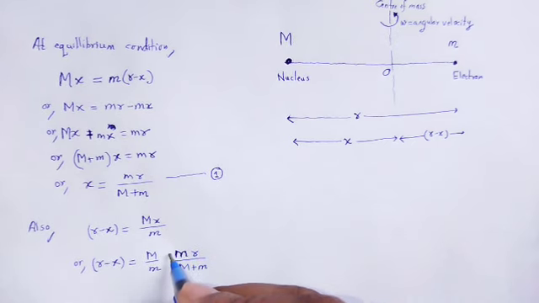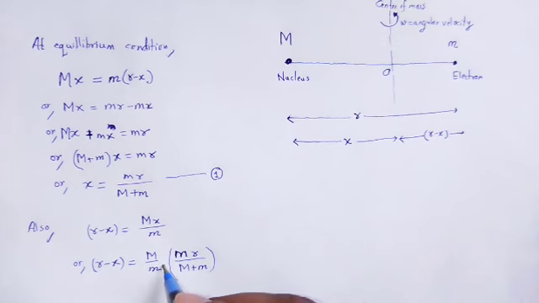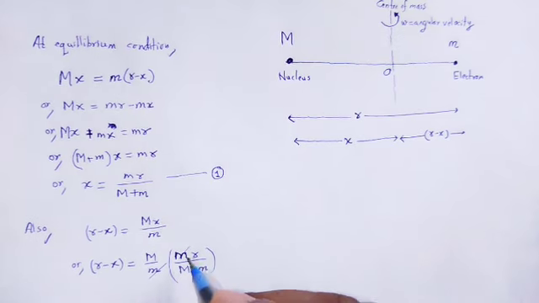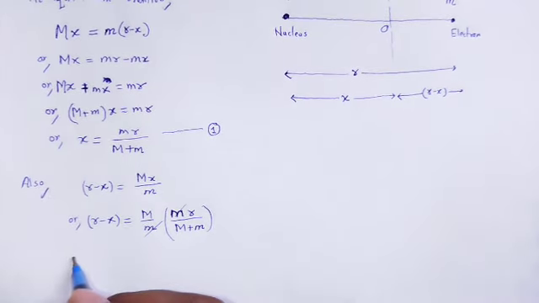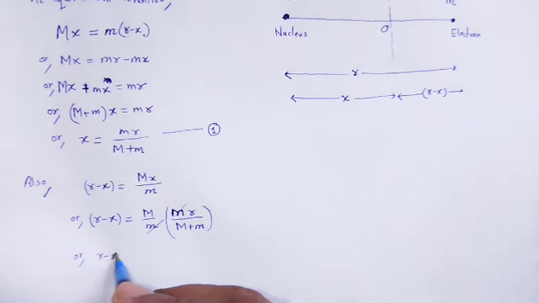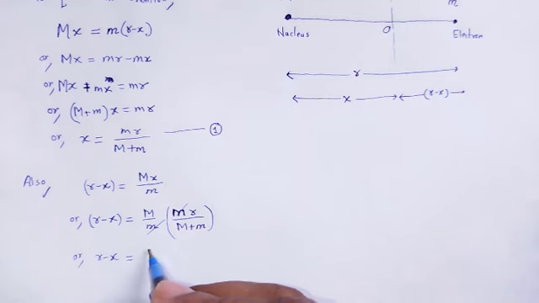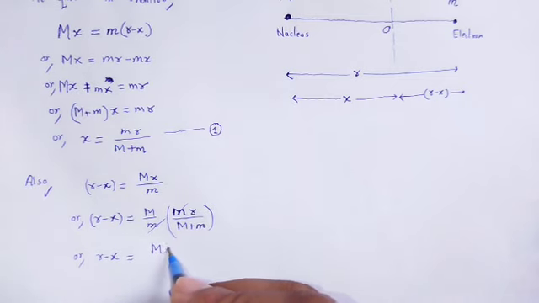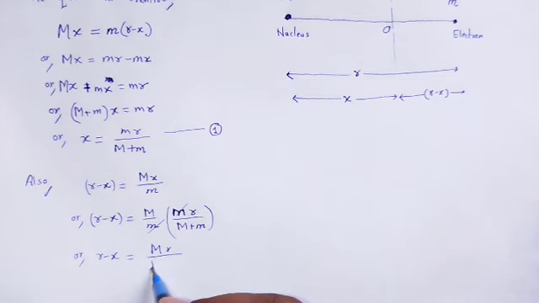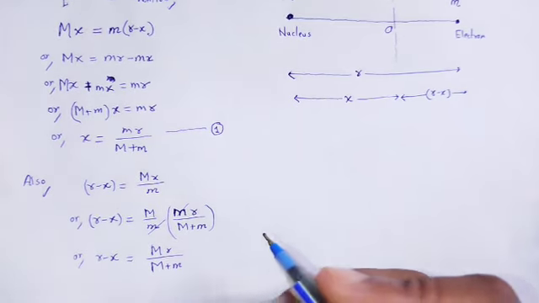The small m cancels out, so r minus x is equal to M r divided by M plus m.